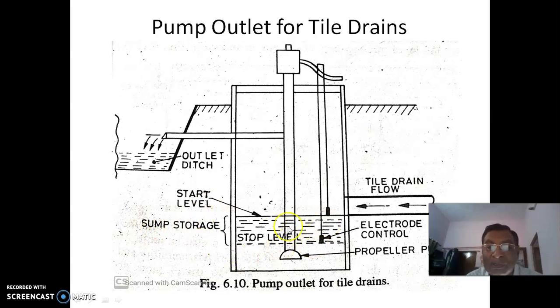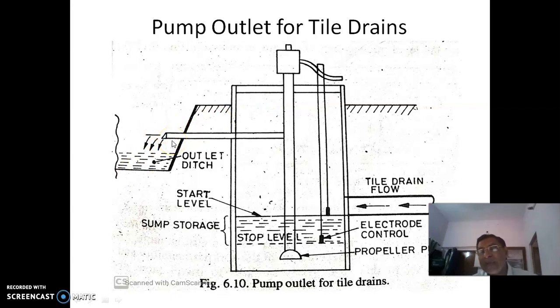Sump storage, you are storing into a well, and this is particularly observed in waterlogged areas. The water is pumped and then put into an outlet ditch here. Then this will go by surface drain. You can see this is a pervious tile drain, and then water is coming in, and it will be stored here, and it is then pumped up and then to a drain.